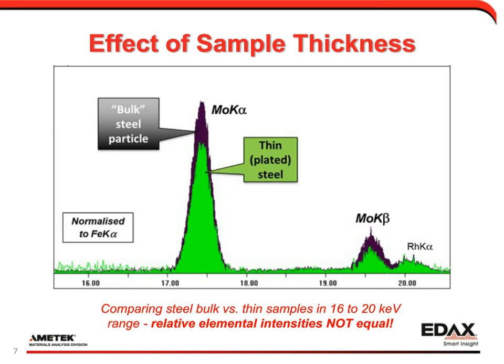So the next slide just has another example of the influence of sample thickness, again on an iron particle, one which was a bulk particle, infinitely thick, in the darker spectrum, and then analyzed and overlaid against a thin plated steel particle, which is in green. And they are both normalized to the iron peak, which is the main element.